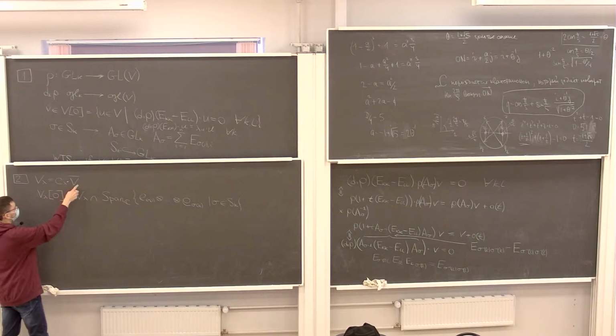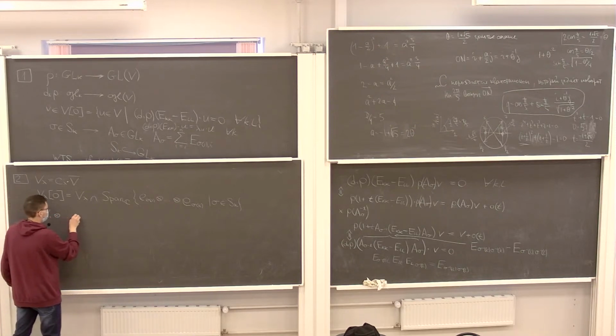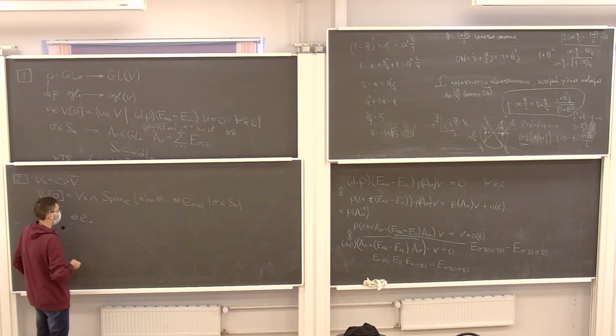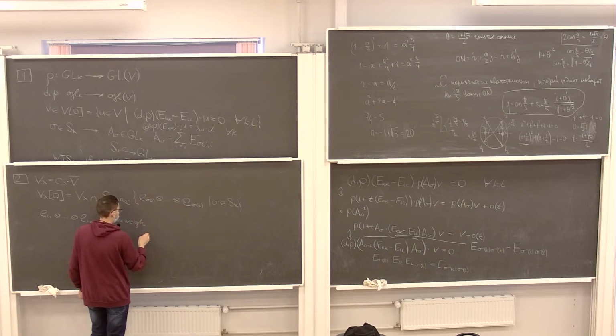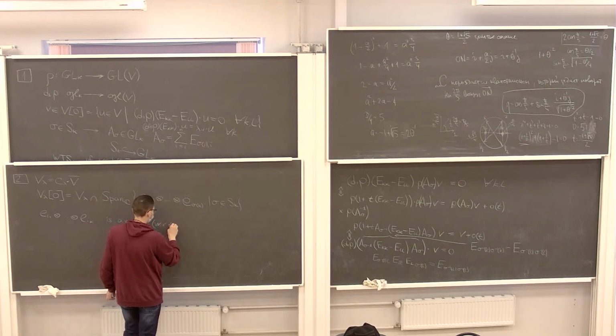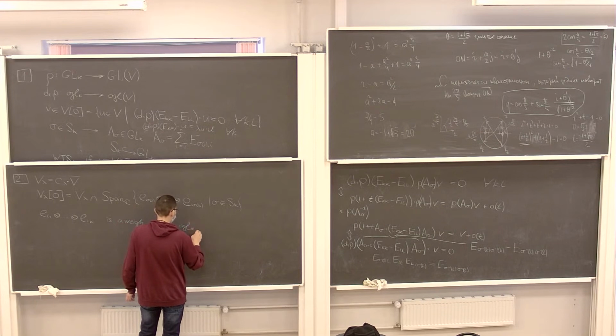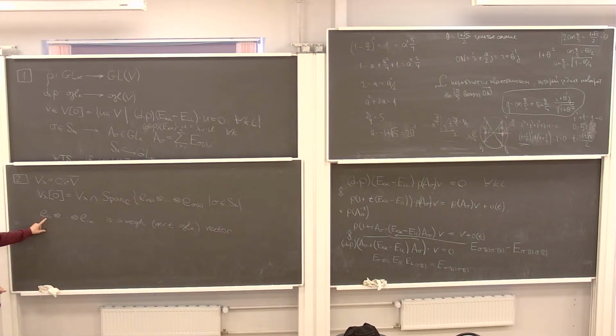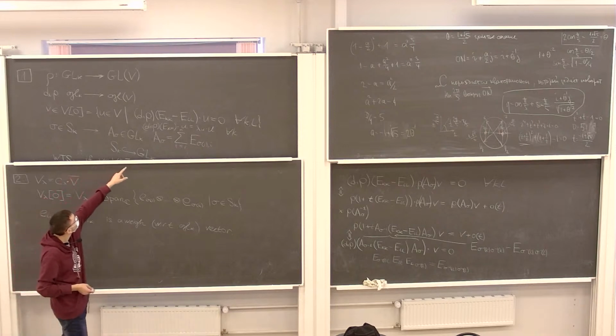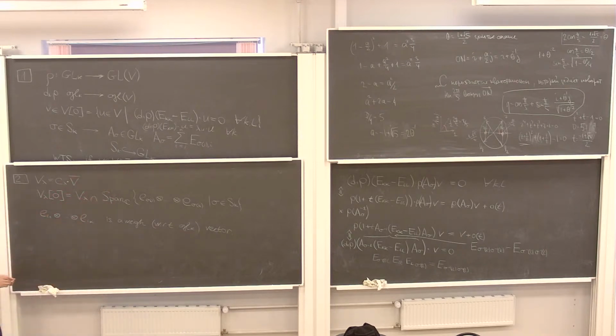We have each tensor here, so I can write 1. It is a weight vector with respect to GLK. And I have to understand which vectors have weight 0. There are such vectors on which E_KK acts similarly.